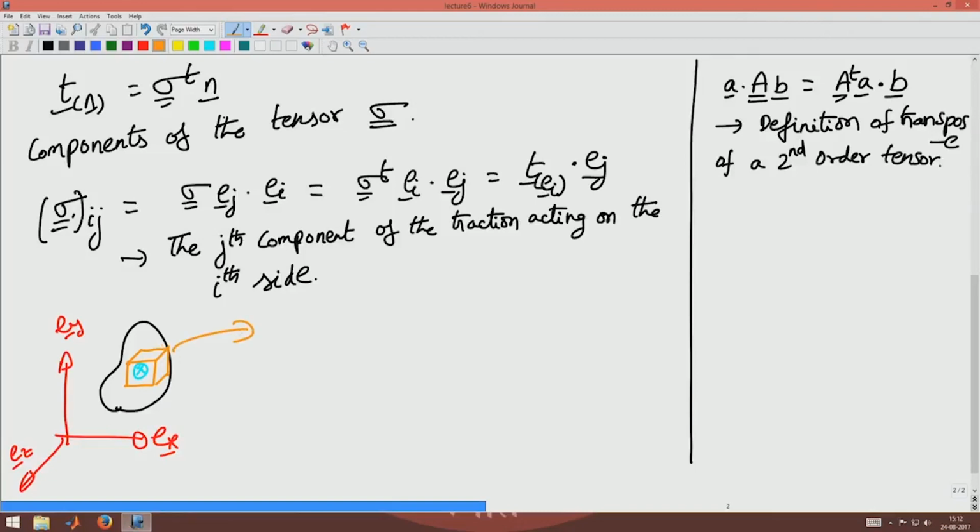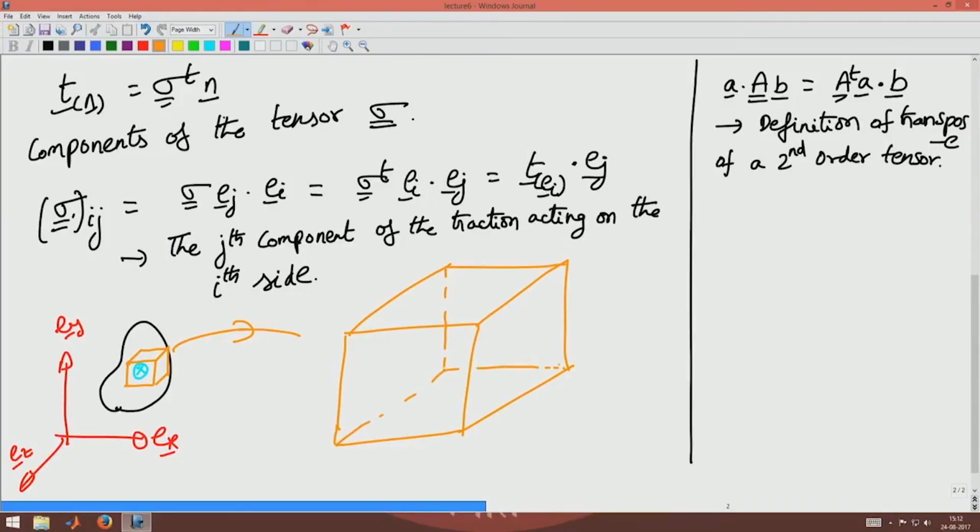I am enlarging that cube. Now, this face has Ex as its normal. On this face there will be a traction acting like this. This is T of Ex. There will be a traction T of Ex acting like that.